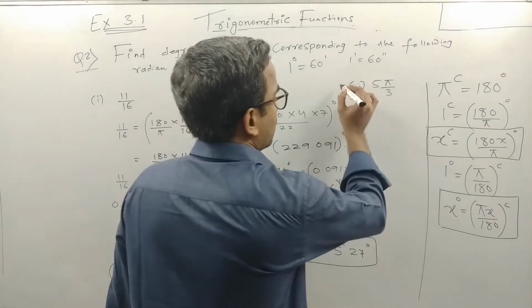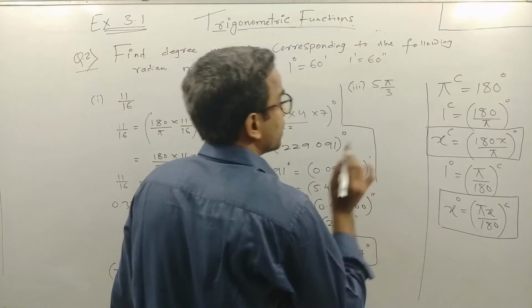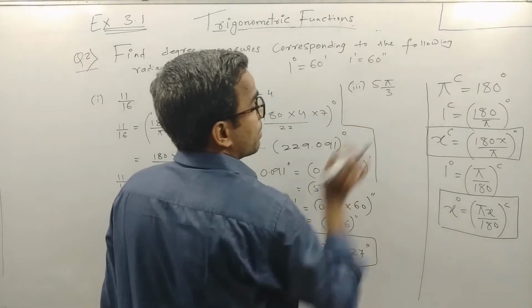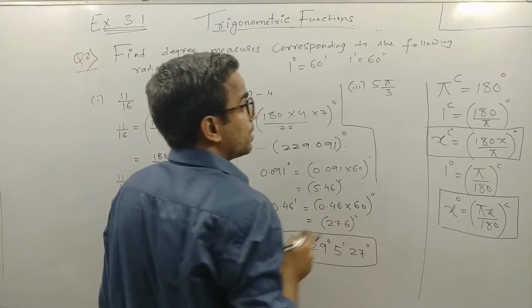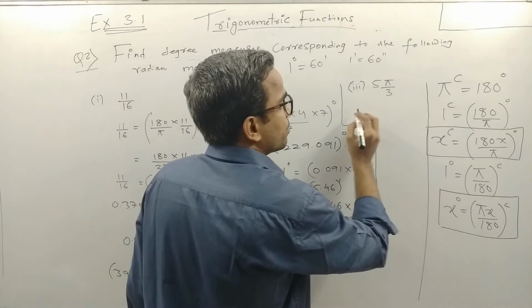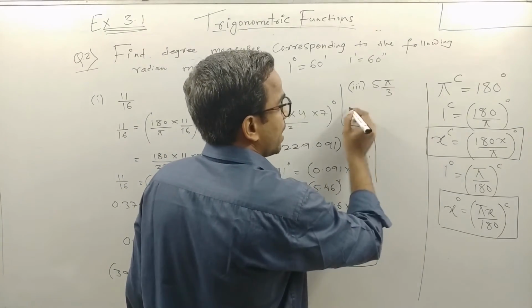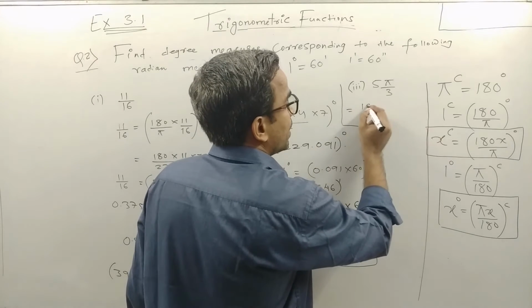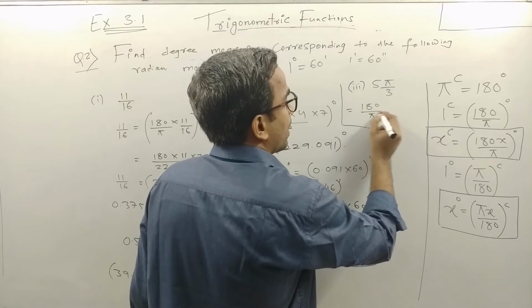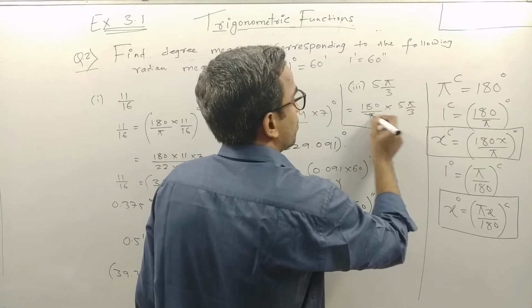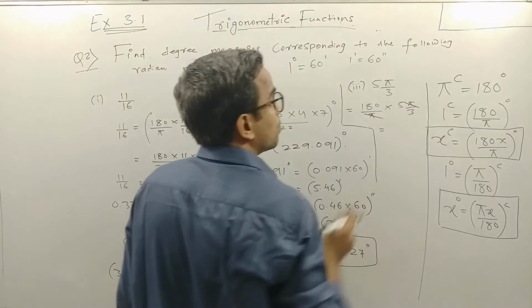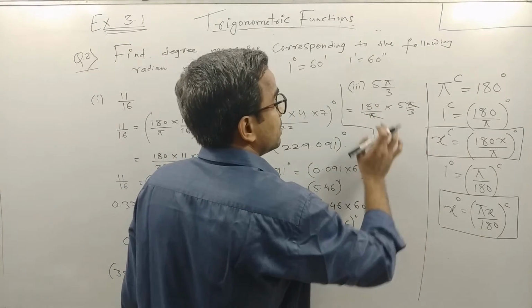Now the third is very simple. Okay. So we have been given 5 pi by 3. So we have to simply put in this expression. This is in radian. We want to convert it into degree. So it's very simple. So 5 pi by 3 radian is equal to 180 divided by pi into x. So our x is 5 pi by 3. So pi and pi get cancelled. So 3 ones are 3, 60 into 5.